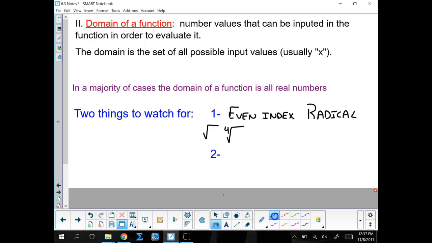And what has to be true about an even indexed radical? This inside part right here has to be what? It's got to be positive. Because if that inside is negative, then we're going to imaginary land. That's one thing we've got to look out for.